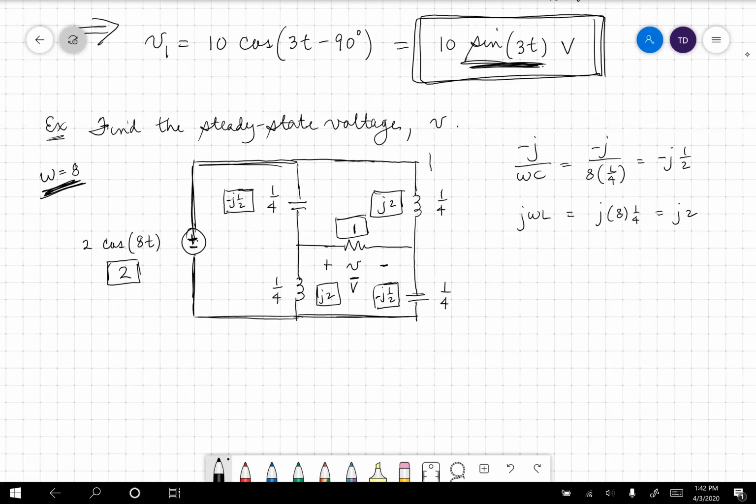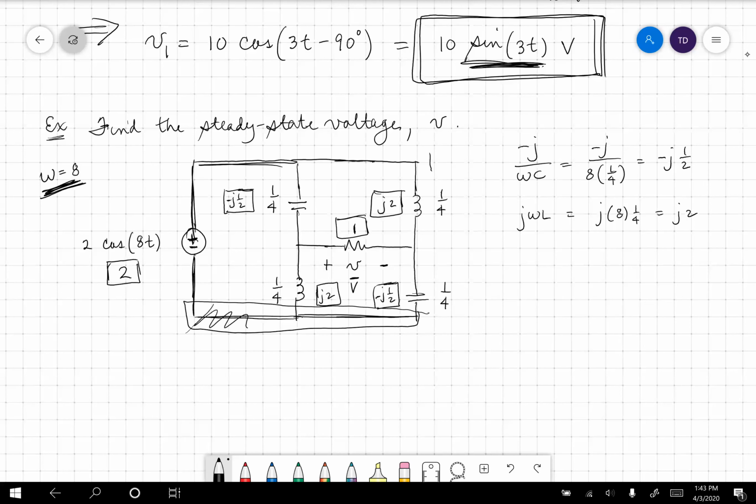Okay. Mesh analysis or nodal analysis. How many mesh equations would there be? 3, that's correct. 3 loops, no current sources. How many nodal equations? Well, let's find the nodes.